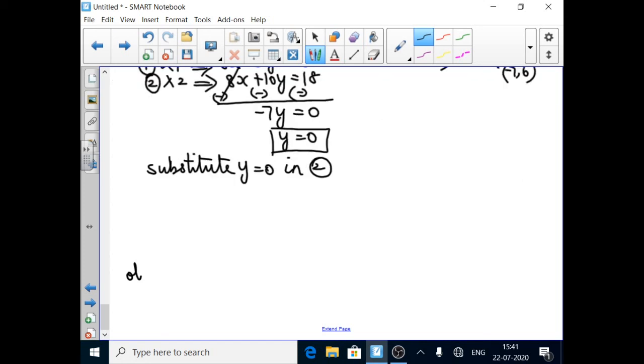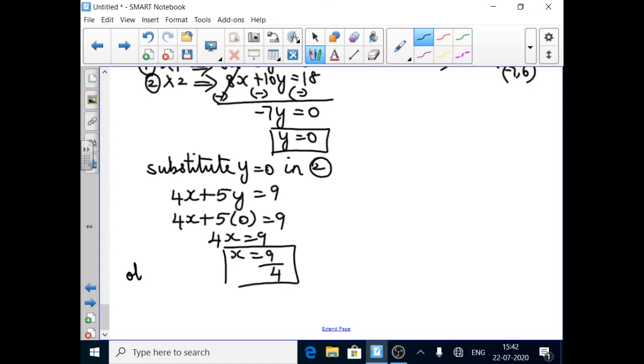Write the equation again. It is 4x plus 5y equal to 9. Y equal to 0 substitute. 4x plus 5 into 0 equal to 9. 4x equal to 9. X equal to 9 by 4.